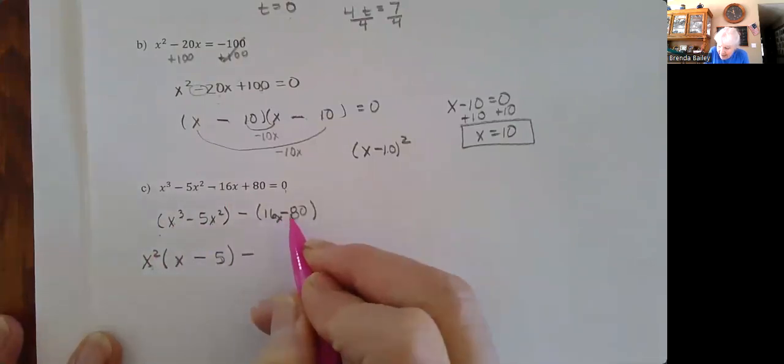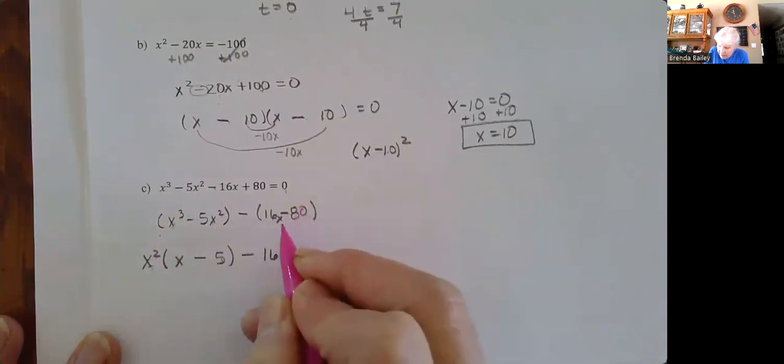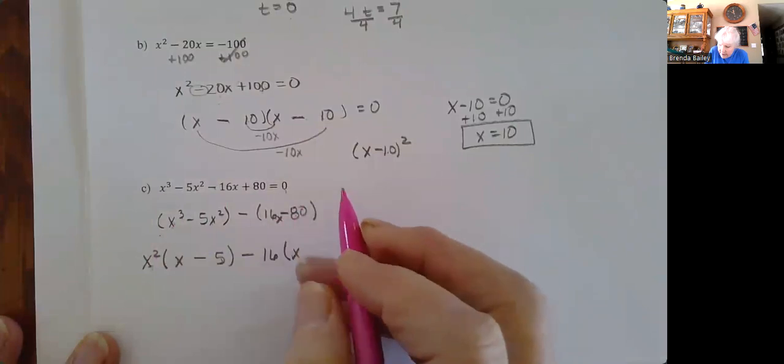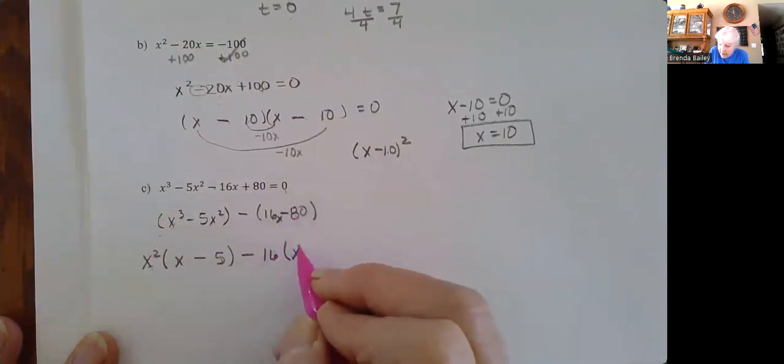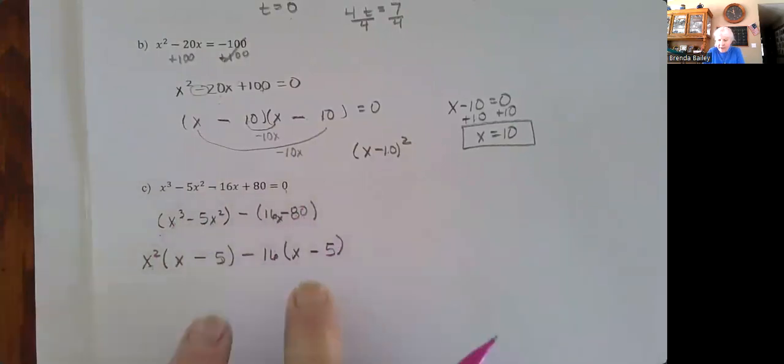Okay, we're going to pull out a 16 here. 16x divided by 16 is x. 80 divided by 16 is going to be a minus 5. Chances are they got a match. So if you were to multiply this one out, you come back to the original with a positive 80 at the top.